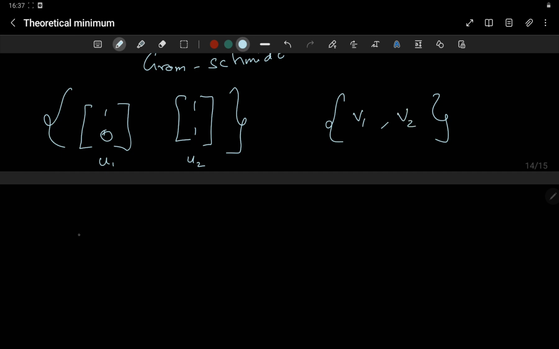So what is v1? v1 is the same as u1, but the normalized one, divided by the magnitude, which is the square root of u1 dot u1.